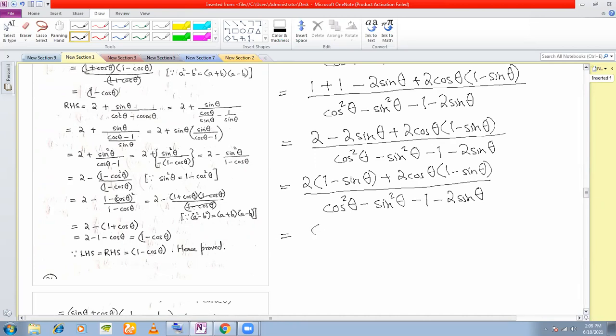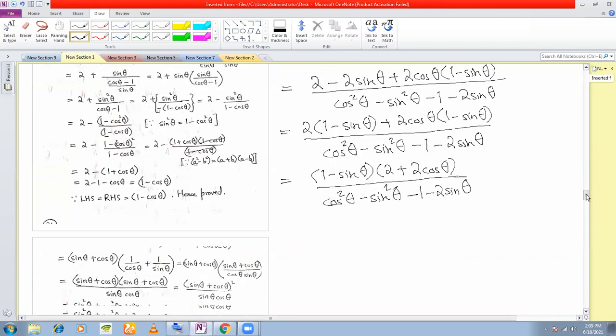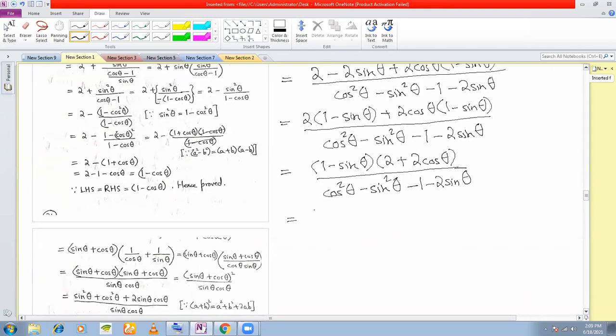So in the numerator now, if I take 1 minus sin theta out, I'm left with 2 plus 2 cos theta divided by cos square theta minus sin square theta. See, I'm not touching the denominator right now, because I want to see what form the numerator takes. Then I will touch the denominator.